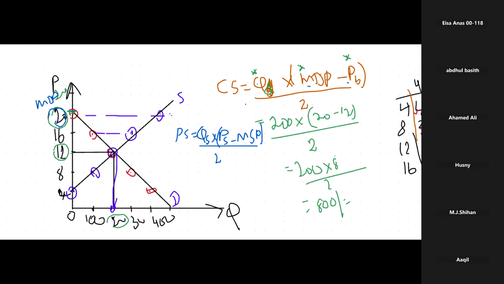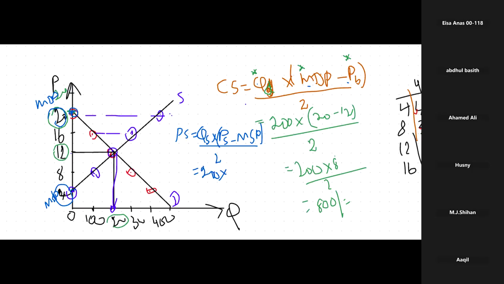This 4 is the minimum supply price, wherever the supply curve cuts the vertical axis. Therefore, at the equilibrium, QD and QS are equal. So QS is 200.